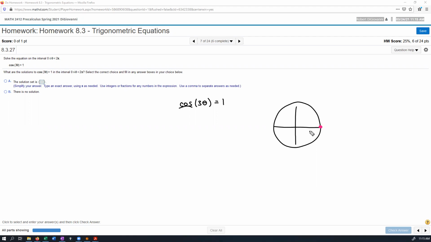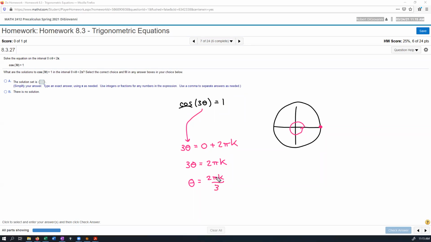So the way I'm going to do this is I'm going to get a general solution first. I can be at the angle 0, or I can add full revolutions. So my argument must be equal to 0 plus any full revolution. And that means 3 theta must be equal to 2 pi k. And now if I divide by 3, I get 2 pi k over 3.